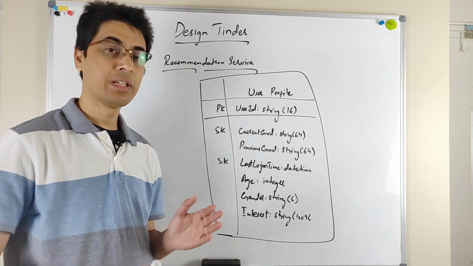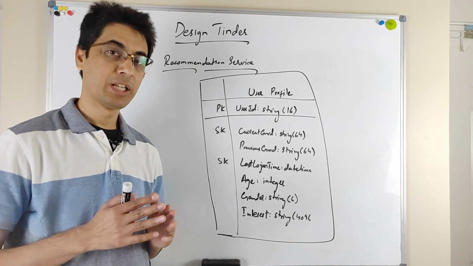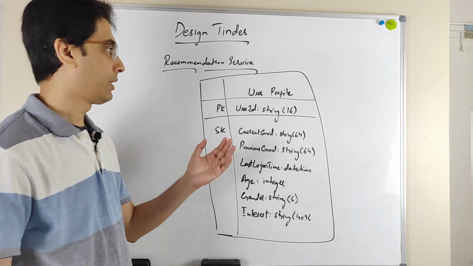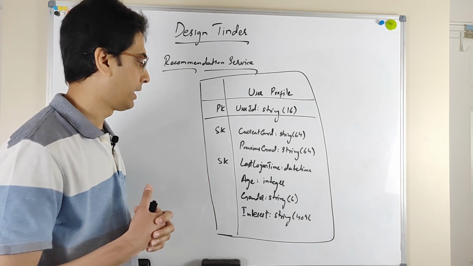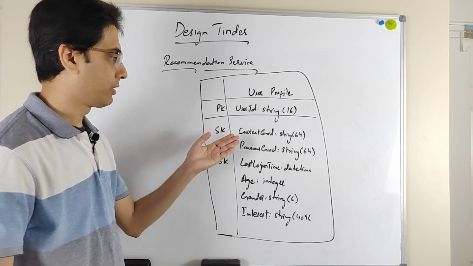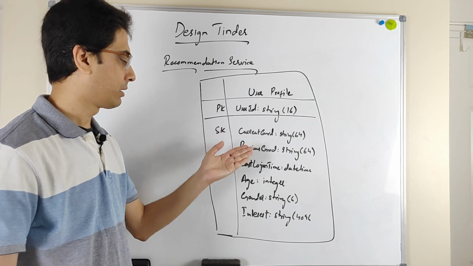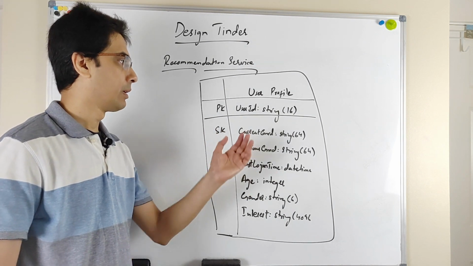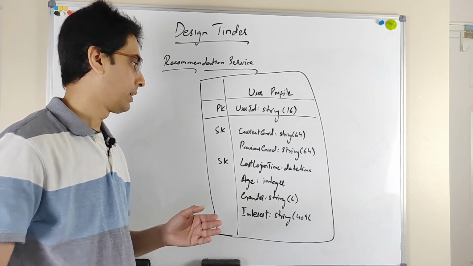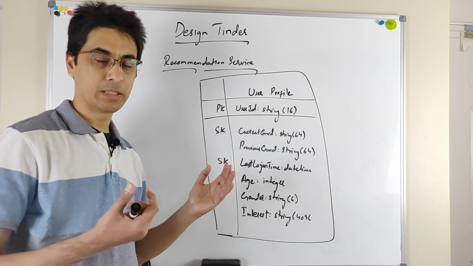This is the database schema used by the recommendation service. It has a user profile bucket. The primary key is the user ID, but of course we have secondary keys on current grid and last login time, etc. This table will be sharded by the current grid ID.